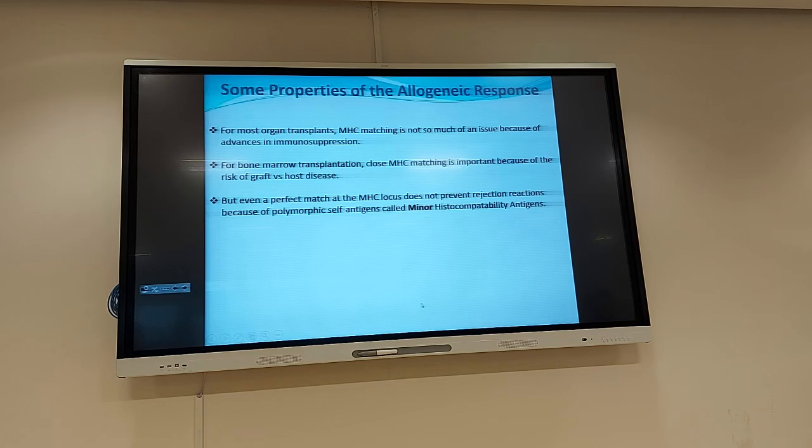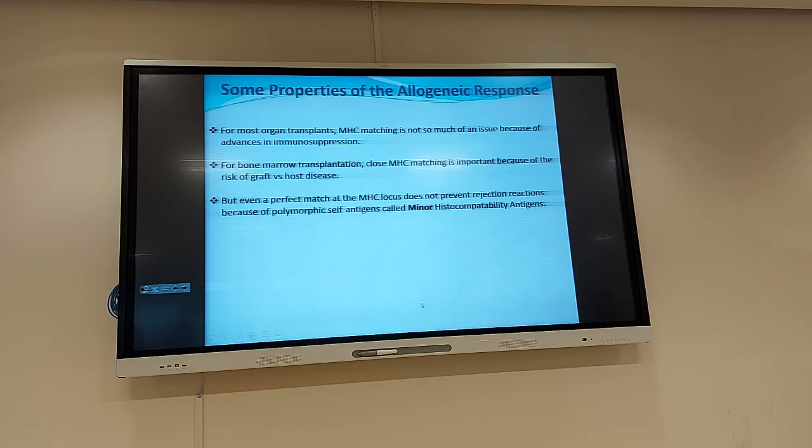But with modern immunosuppressives, even though there is this problem of getting close matches between donors and recipients, nevertheless the advances in immunosuppressive drugs have helped to reduce or negate the need to closely match HLAs.